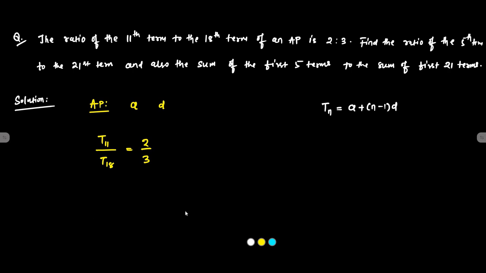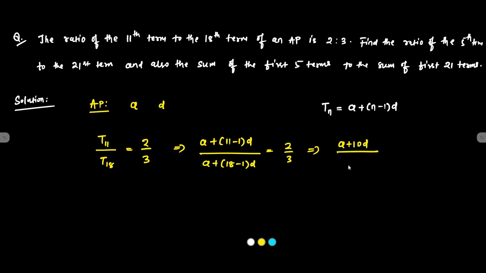So using the same formula, a plus 11 minus 1 d by a plus 18 minus 1 d equals 2/3. That implies a plus 10d by a plus 17d is equal to 2/3.